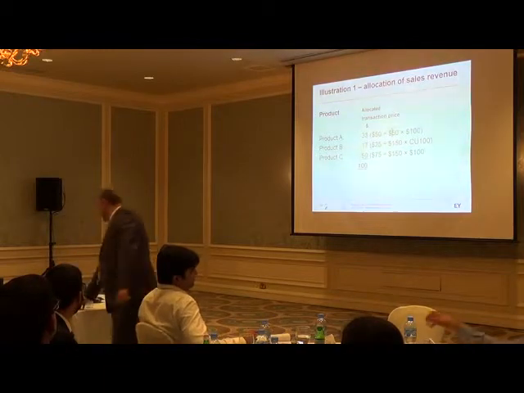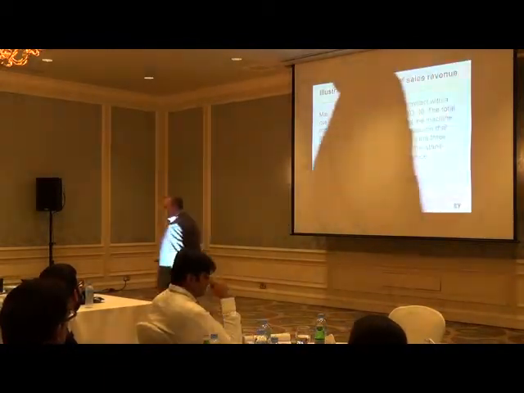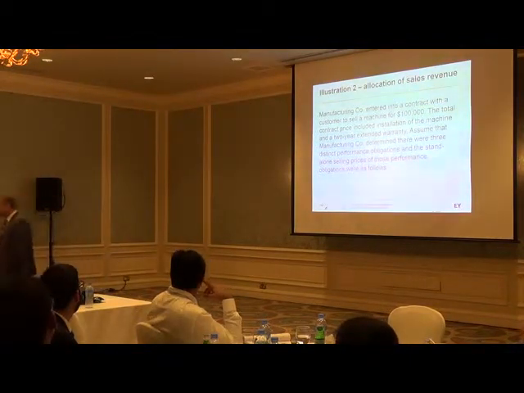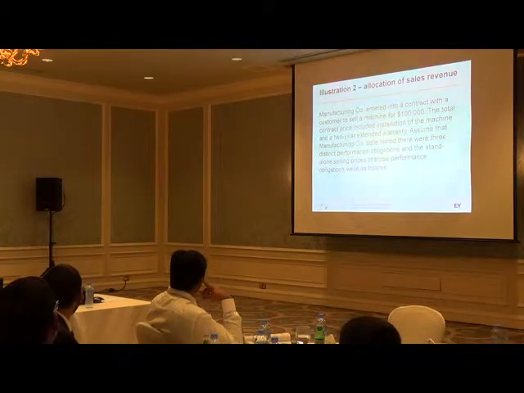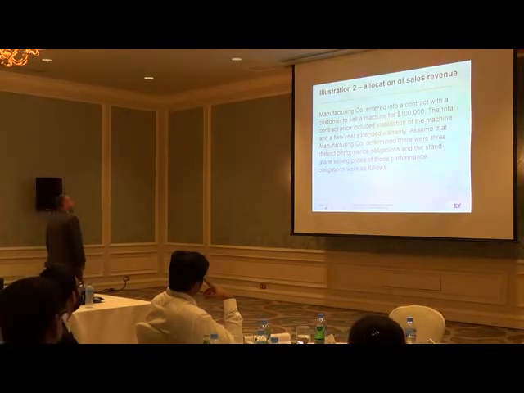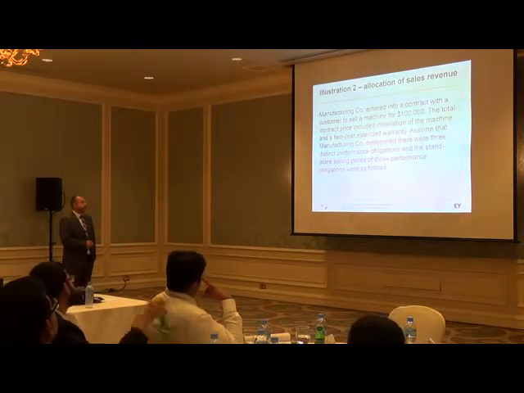Okay? Good. Now, let's go further and see this very easy example in the next one. I am just going to quickly walk through this because this is basically very simple. A manufacturing corporation entered into a contract with a customer to sell a machine for $100,000. The total contract price included installation of the machine and a 2-year extended warranty.